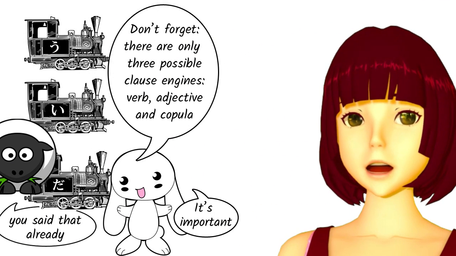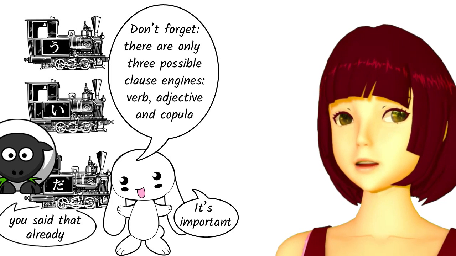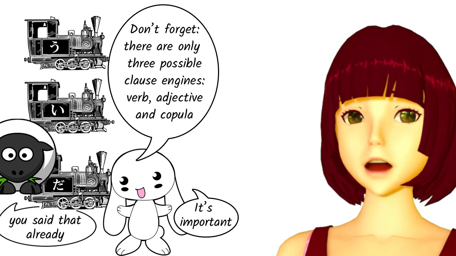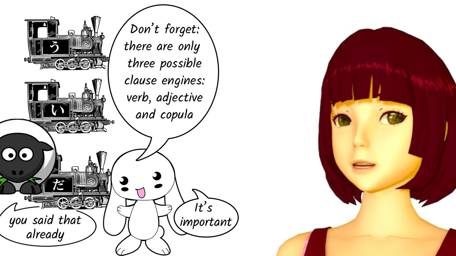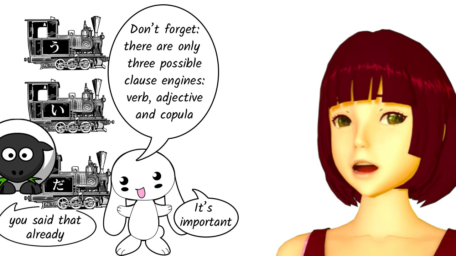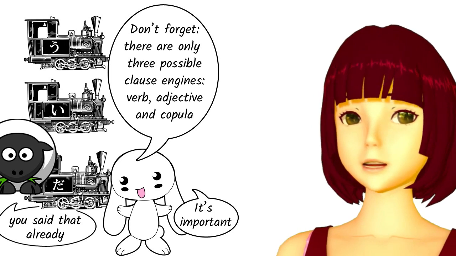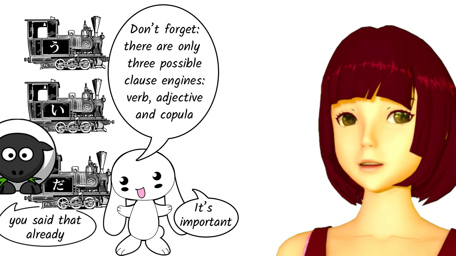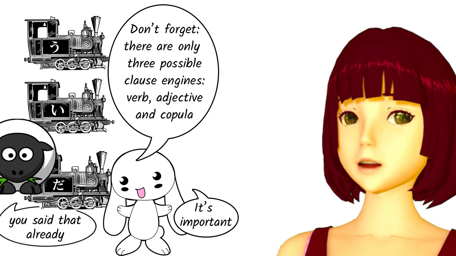So, to get directly to the question, how do we find the end of a logical clause? Now, the main logical clause, the head clause of the sentence, is always the last one, and we can find the end very easily because the end of the logical clause is the end of the sentence. In Japanese, the sentence has to end with an engine.